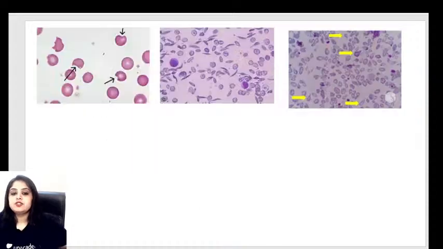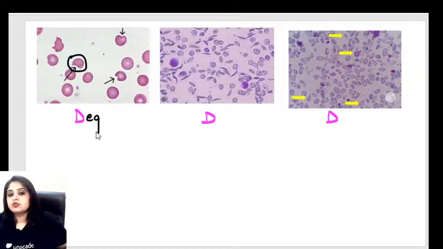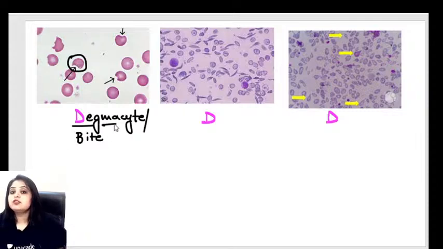So finally, when I try to put all the three D's together, these are the three D's that you have to know, which they will ask you, and you don't have to get confused. The first D that you see over here, I know it's a bite cell, but what is the other name for the bite cell? Degmacyte. How will you learn it? Bite should remind you of dog bite. So you can even learn it as dogmacyte. Dogmacyte is the bite cell.